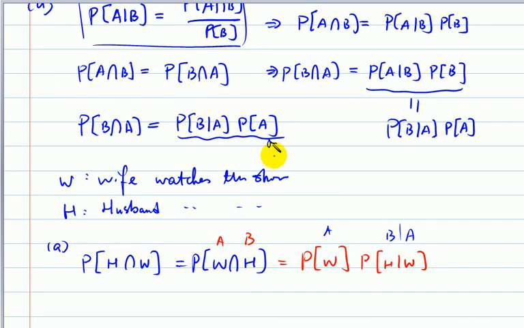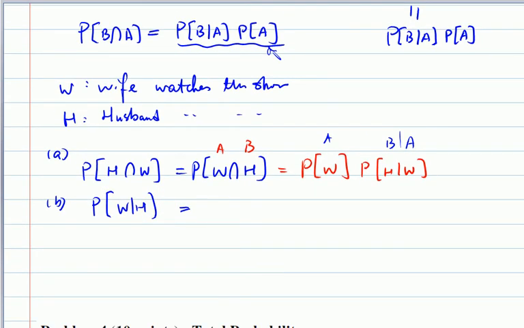This formula, all these formulas are the same thing. We know P(W), and we know P(H|W), so you can calculate. The second one, what you're looking for, is basically P(W|H). Use the conditional probability for this one, and it should be okay.